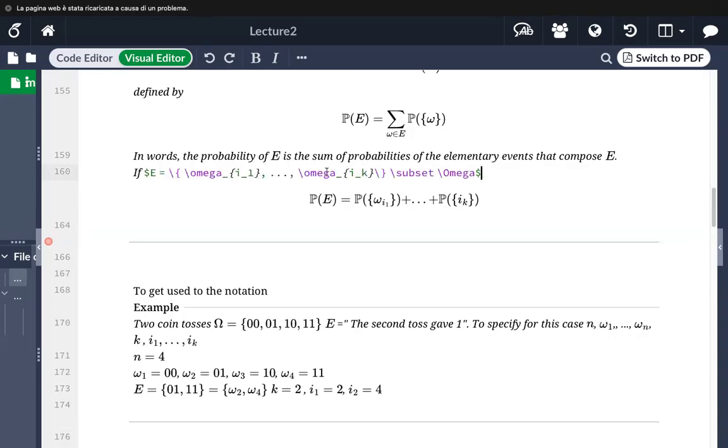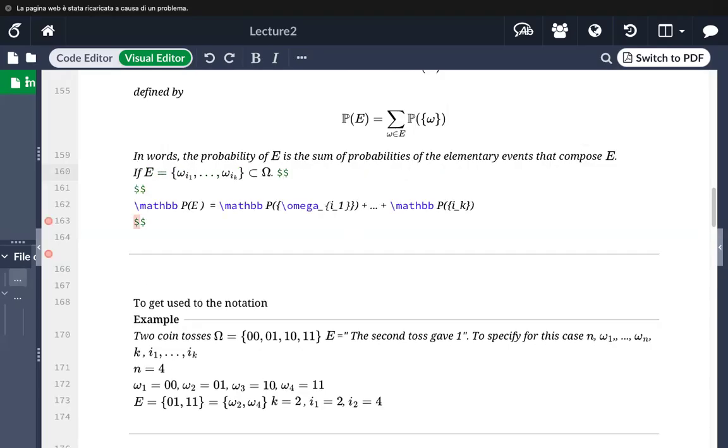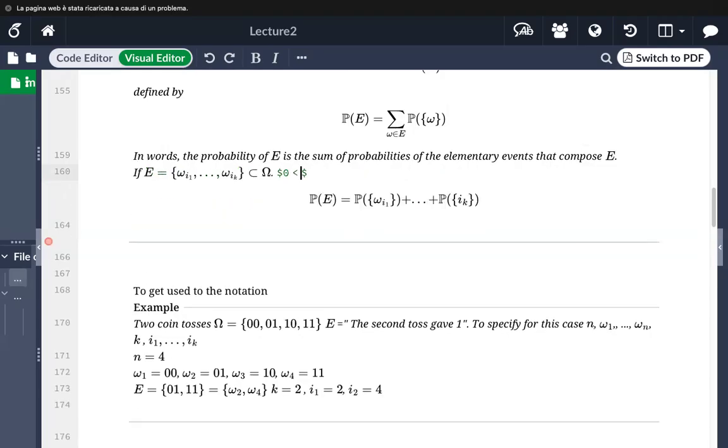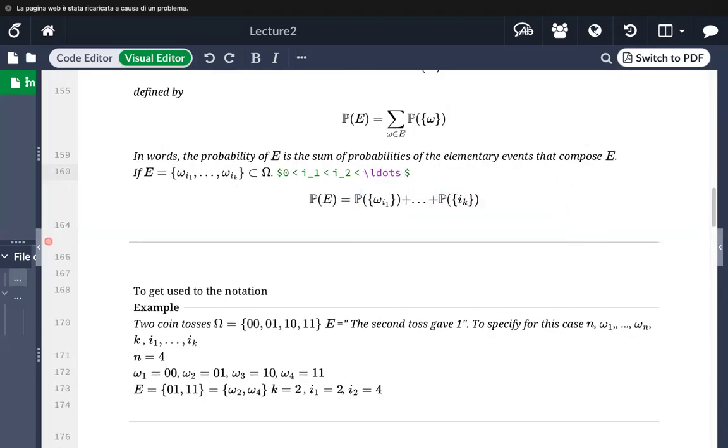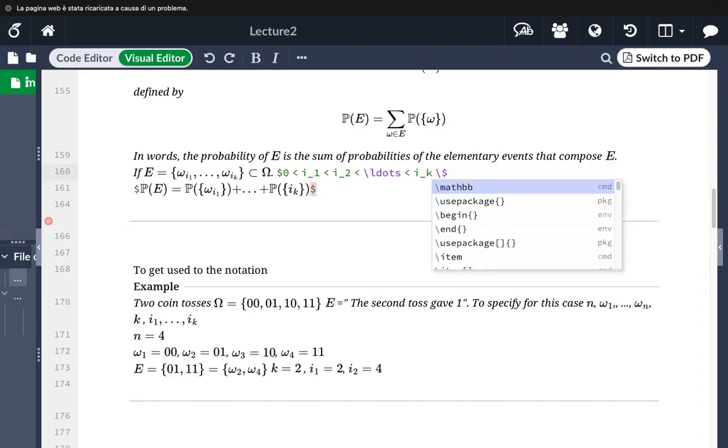So in general, 1 is less than or equal to i1, which is smaller than i2, smaller than ik, and ik can arrive up to n.